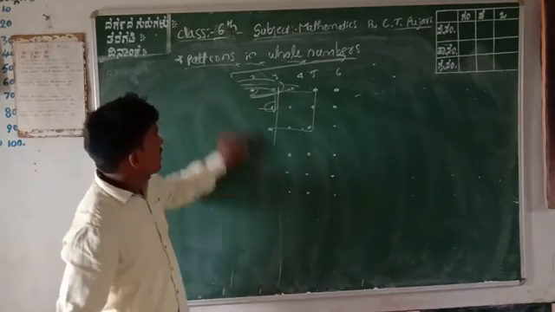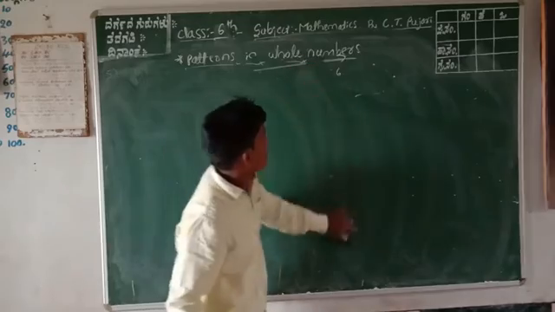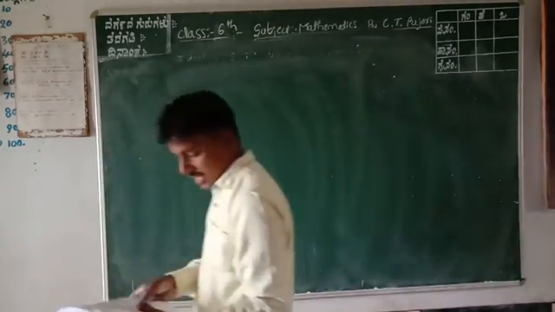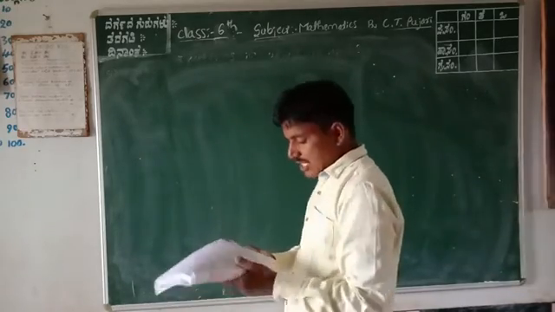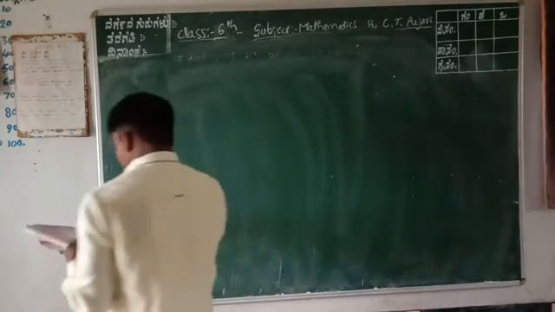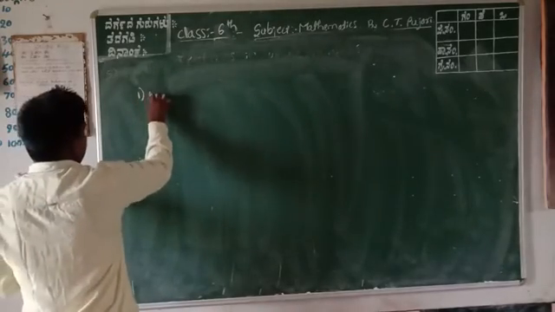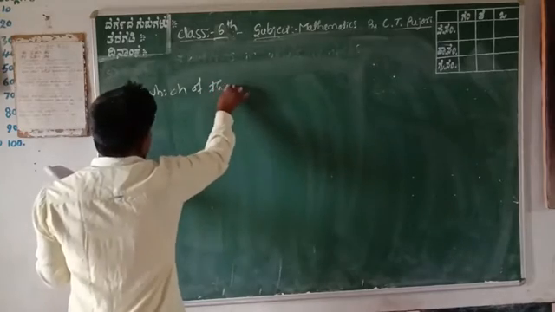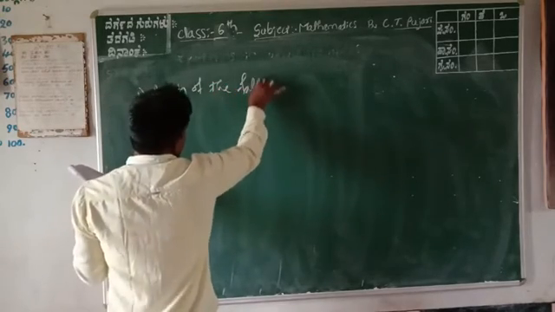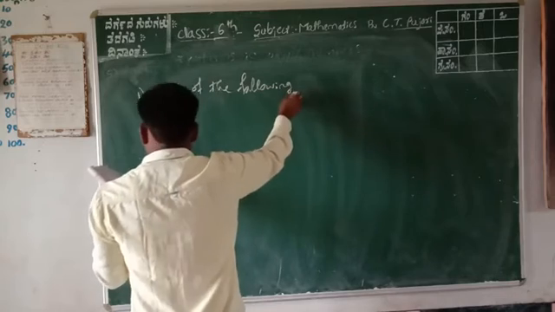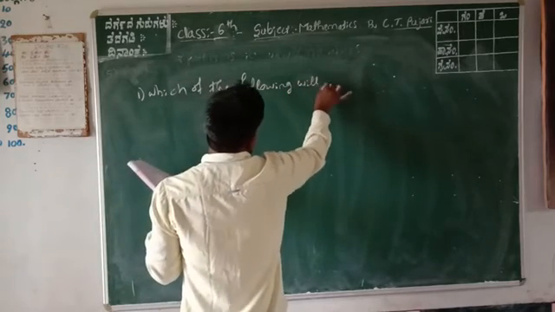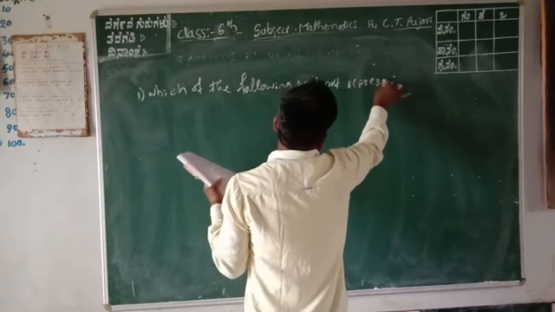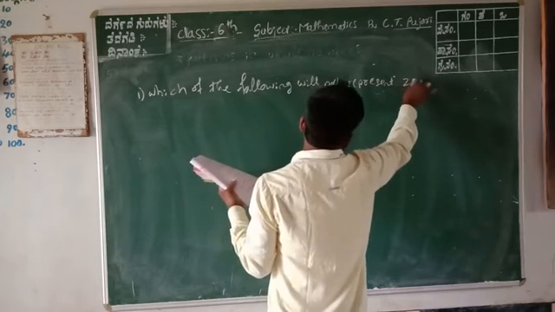Dear students, you learned some first concepts in your exercise. In your exercise, some questions are here. First one: which of the following will not represent 0?